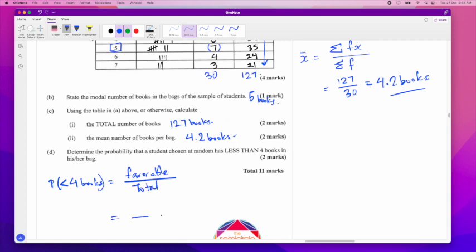We know the total amount of students is 30 students in total.